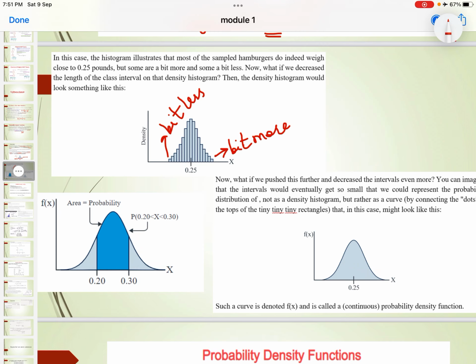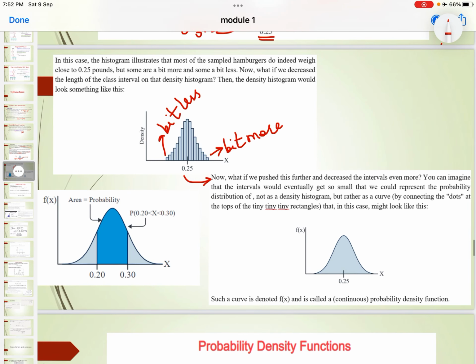Then the density histogram would look like this. Now what if we push this further and decrease the interval even more? You can imagine the intervals would eventually get so small that we could represent the probability distribution not as a density histogram but rather as a curve. The dots at the top of the tiny rectangles in that case might look like this.